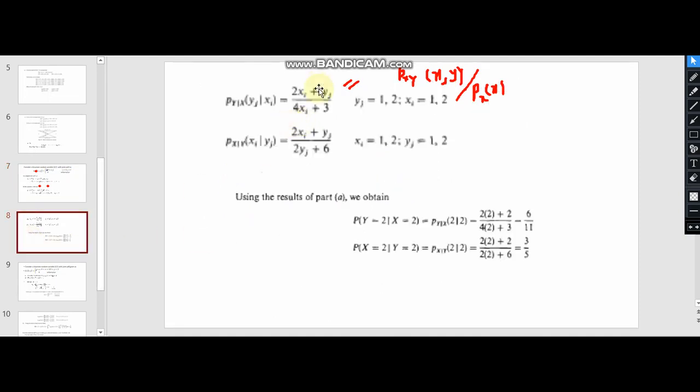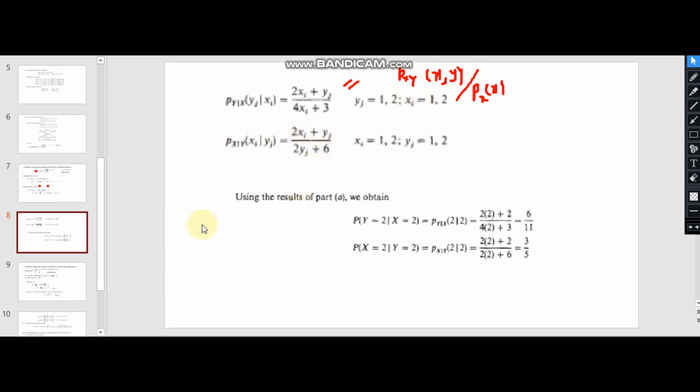By dividing the joint probability with the marginal probability of x, I will get this formula. Similarly, this is the conditional probability of y, and this is the conditional probability of x. The probability of x given y, in similar fashion I can find this.